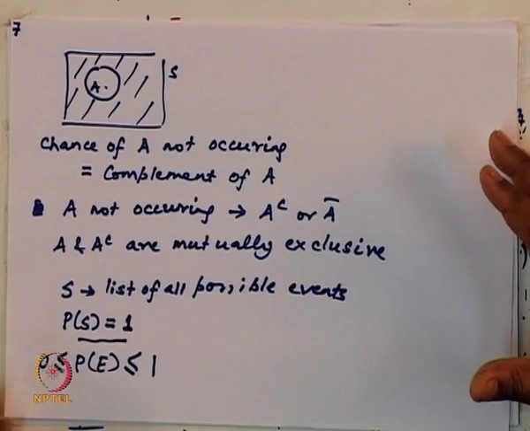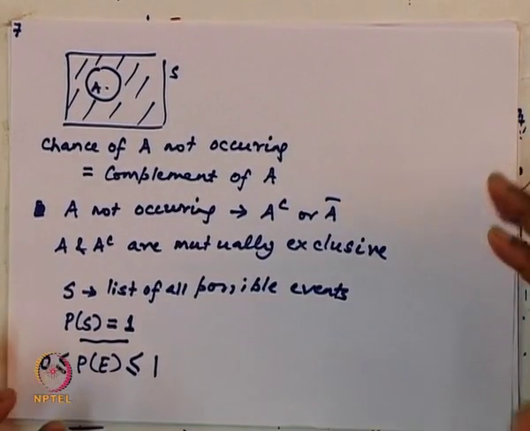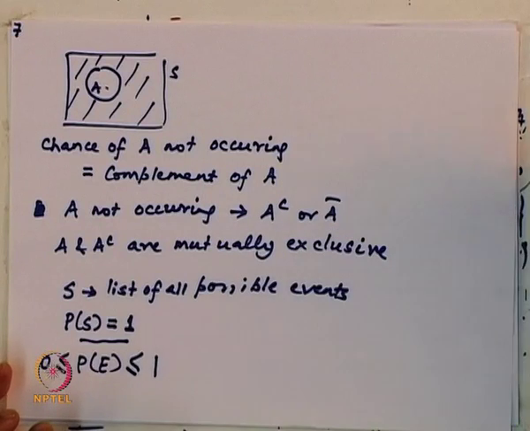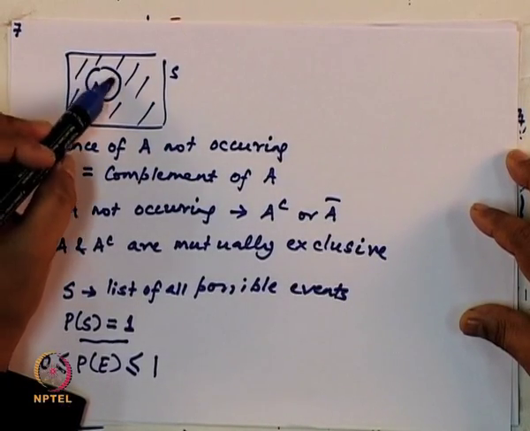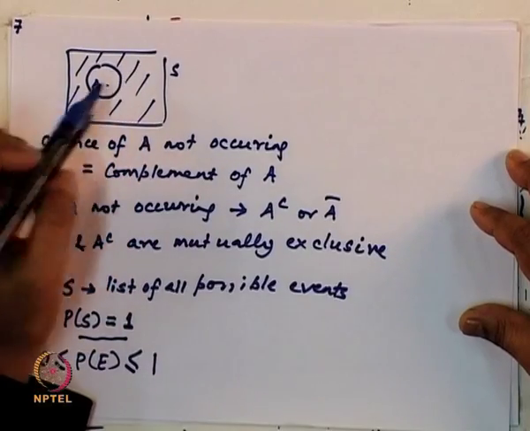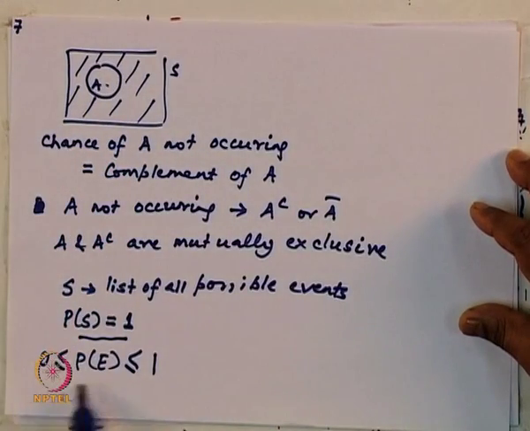For example, when S is the set of all natural numbers, and you ask what is the chance that the number -5 will occur, because -5 is not in the sample at all, the probability is 0. But in the case we drew, the probability of A is this area divided by the total area, which gives a fraction, and hence this criterion is satisfied.